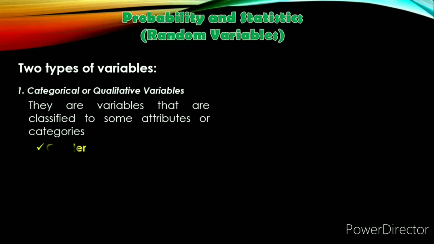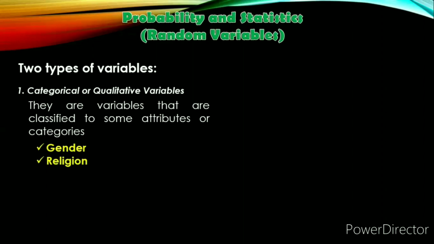What are those examples? For example, gender. Gender is the best example of a variable that falls under different categories. For instance, gender can be female or male. Another is religion.